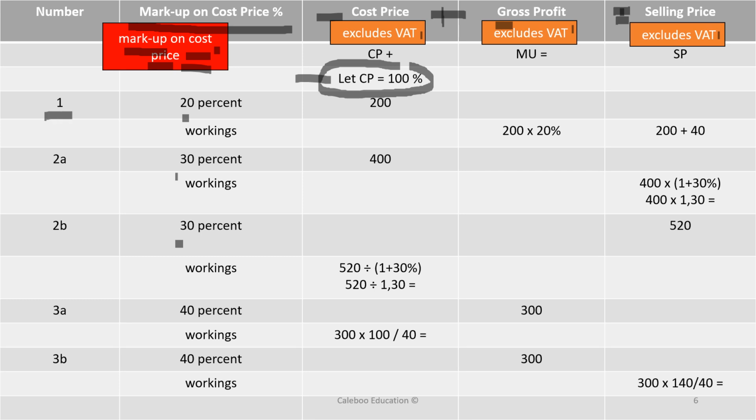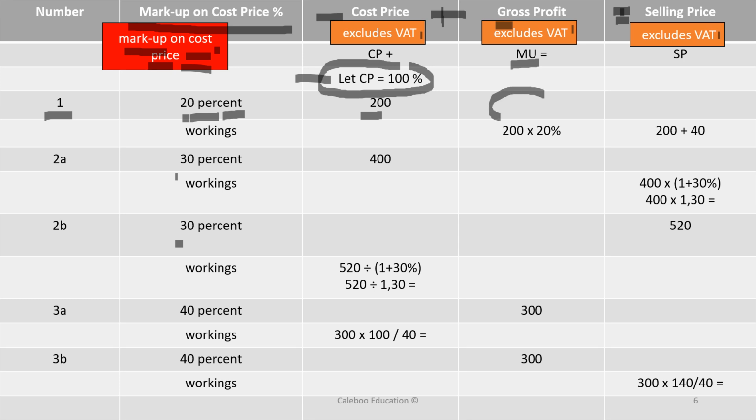So let's look at number one. They say the markup on the cost price is 20%. So we're going to add a profit, a gross profit of 20% on the item that we bought for 200. Then we're going to sell it. So we're going to add a 20% profit on the cost price, and that is gross profit, or in other words, a markup.